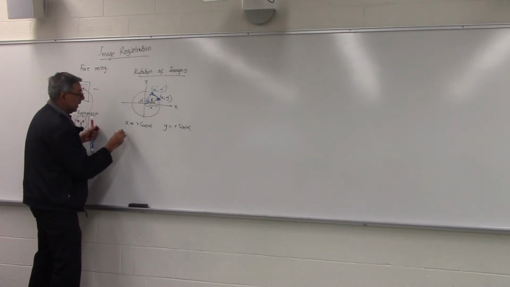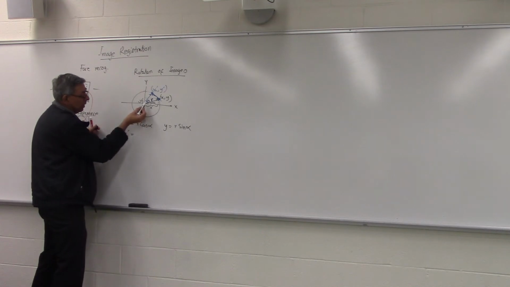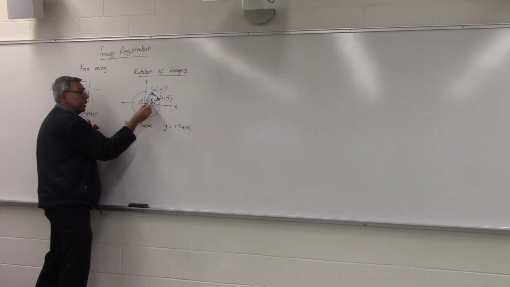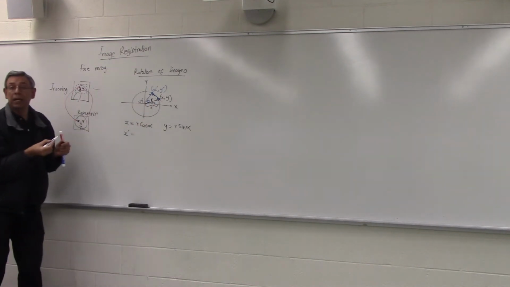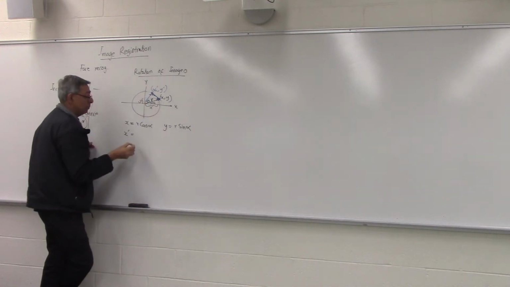If you take a look at what will be the x prime, what's the total angle? Alpha was the angle from the x-axis to the xy point. Then further, there's one more theta angle to rotate this point to x prime, y prime.